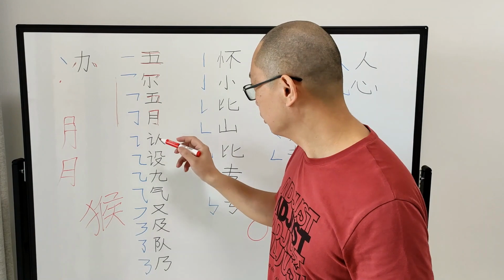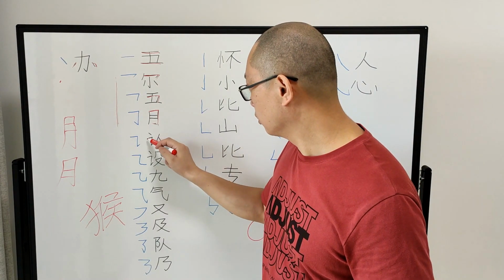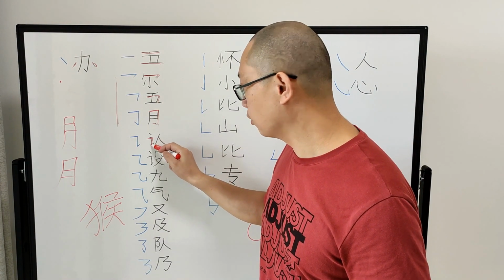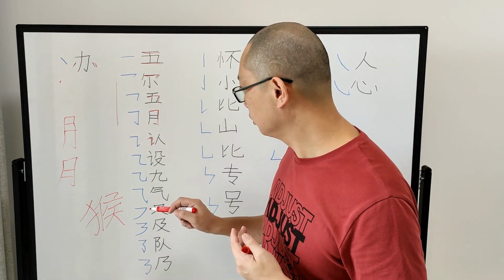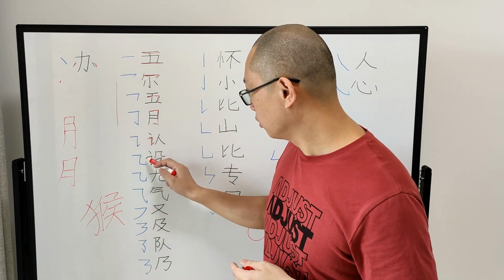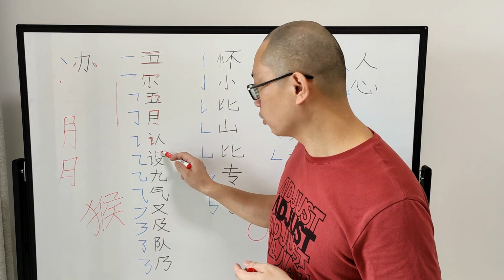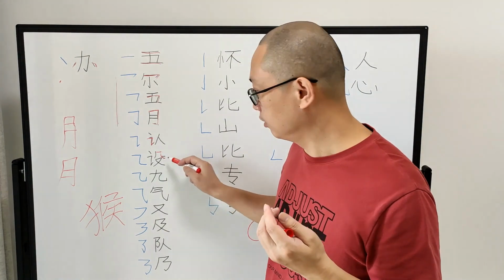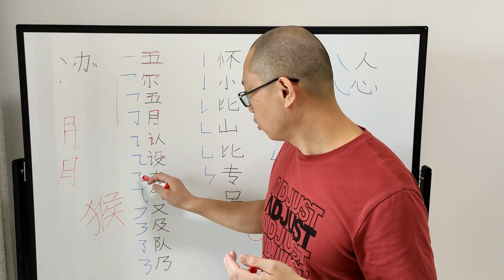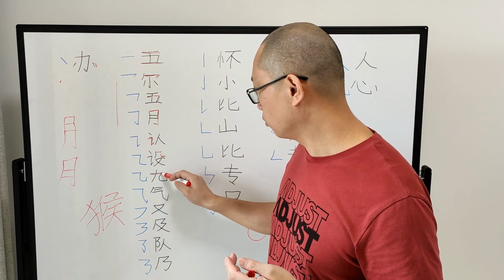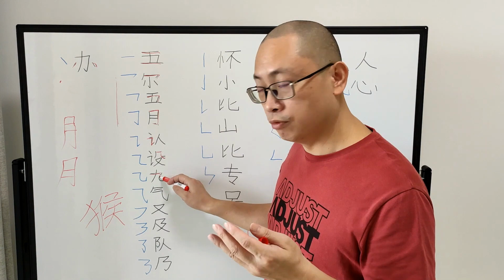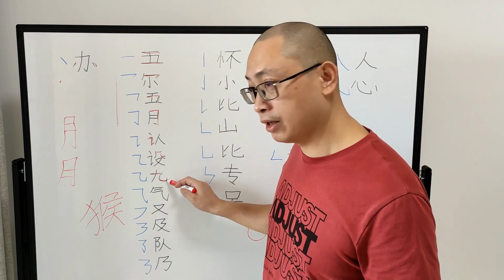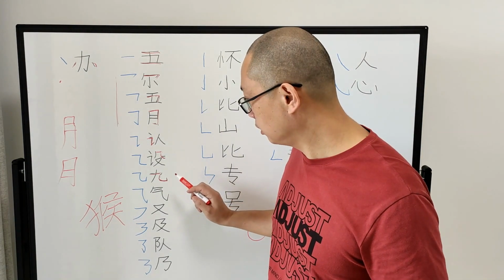Okay, next, horizontal, vertical, and the right side hook. Next, horizontal, vertical, and the right side bend. Next, horizontal, vertical, right side bend, and with a hook.